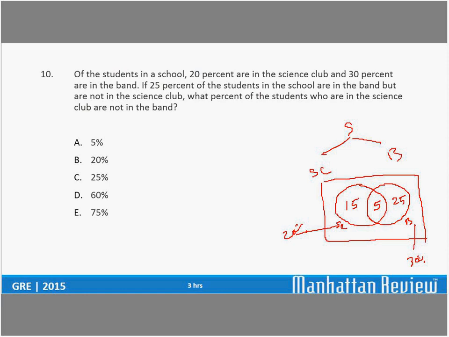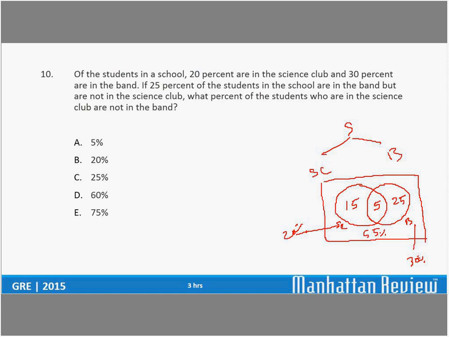So in this union, 30 plus 15 is 45, which means there should be 55% outside. Together 45, and those who are neither in band nor in the science club have 55%. So we understood only this.